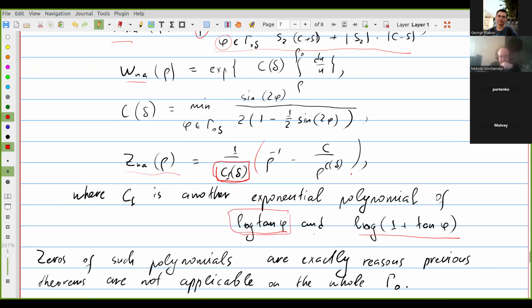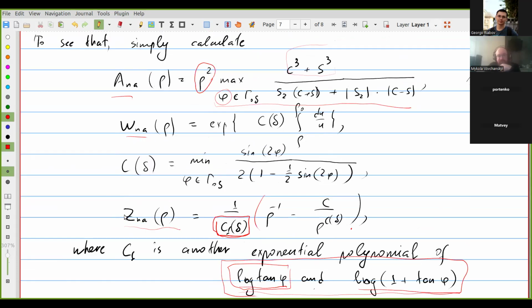But if alpha is irrational, not rational, you get a more complicated composition, but one proposition that you can prove is that still the set of zeros, which is exactly the set where this function doesn't satisfy what we want it to satisfy, that is, the absence of integrability, is finite. This means that this exponential polynomial, or more precisely a sum of two exponential polynomials, has only a finite number of roots.